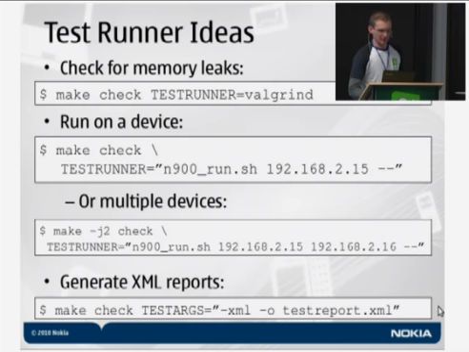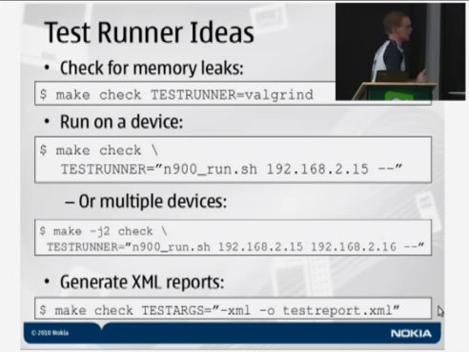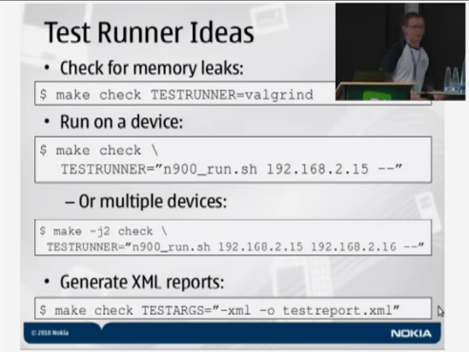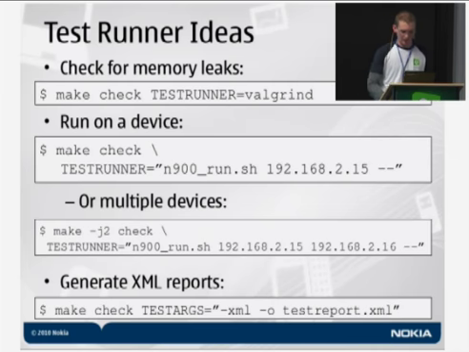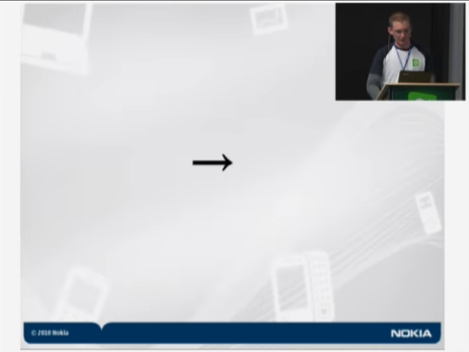Okay, and finally I might want to run all the tests for my product and grab a set of XML test reports and upload them to wherever. Okay, so I can do a little demonstration of that as well.